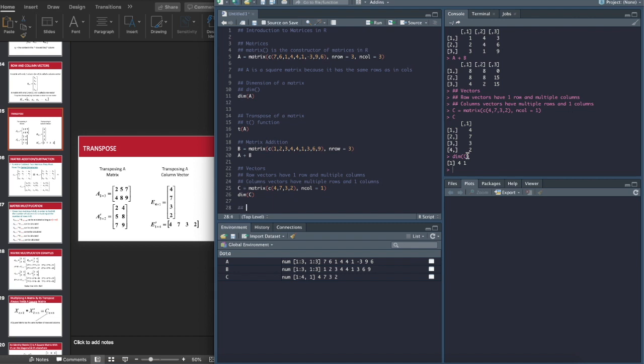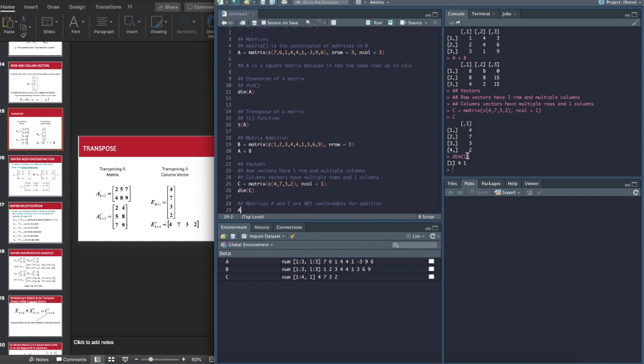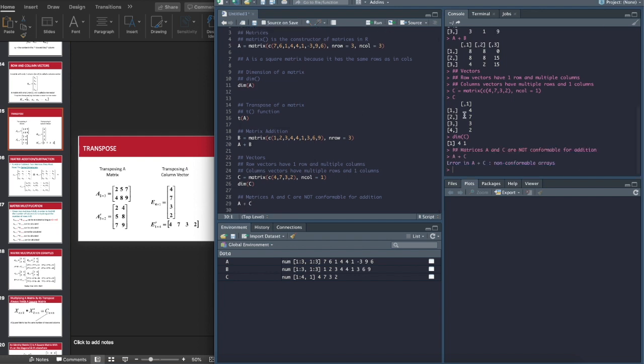For instance, matrices A and C are not conformable for addition. If we say A plus C and try to add those, you're going to get an error in R saying that they are non-conformable arrays, which essentially means they are not conformable for addition. Okay.